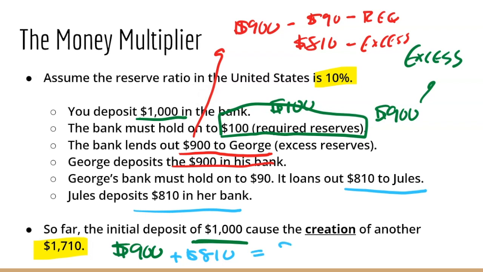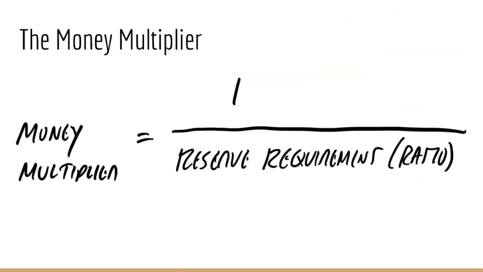And together, that gives us our $1,710. And so this concept is known as the money multiplier. What the money multiplier tells us is what is the maximum change in our money supply. Or in other words, what is the maximum amount of money that this bank is theoretically creating.